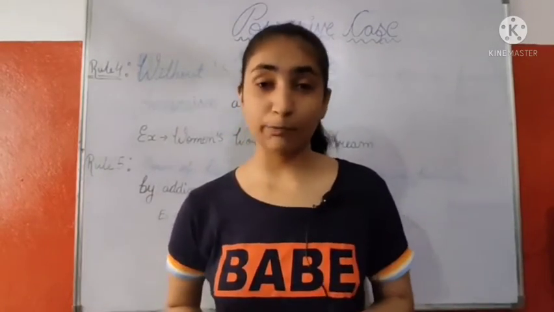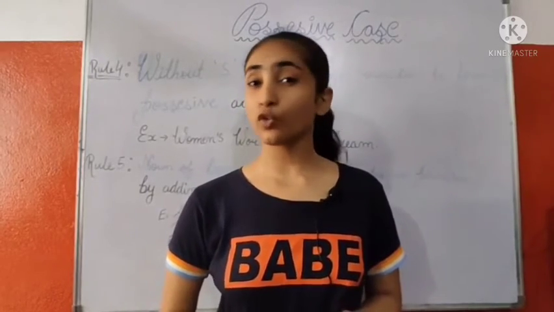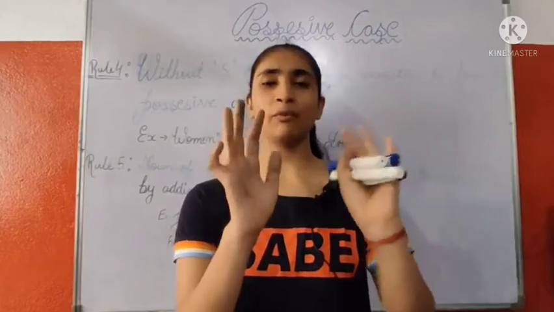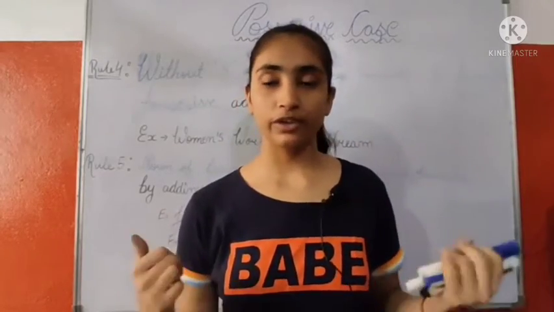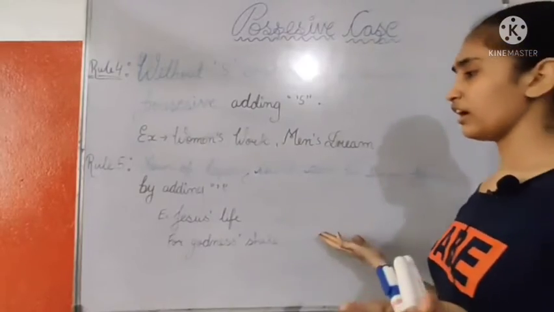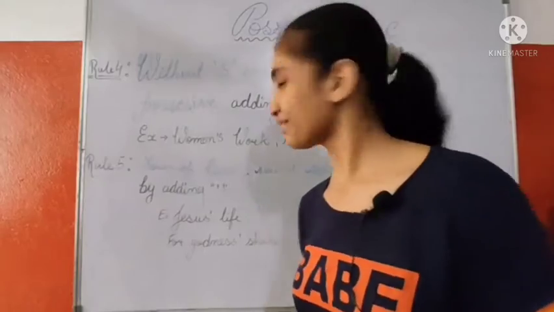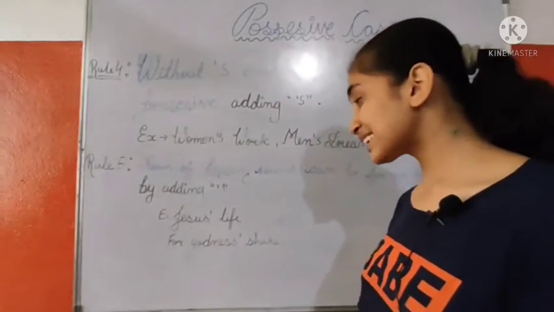So to make it possessive, we can use what? We can simply add an apostrophe to these words. For example, we can take some examples and understand it in a very clear manner. Jesus' life.